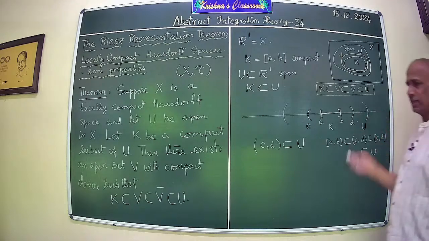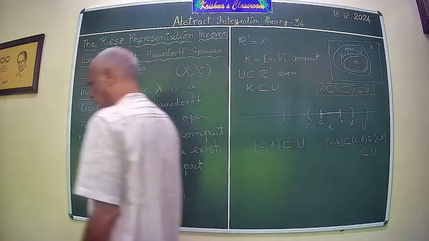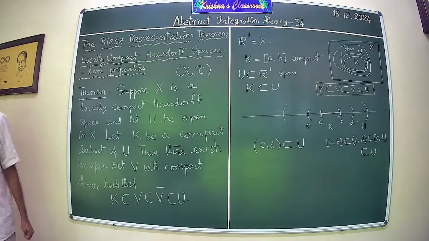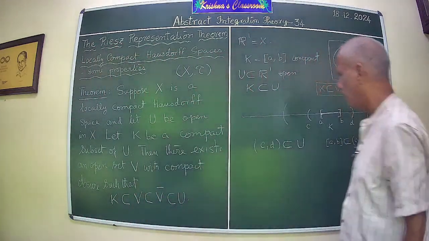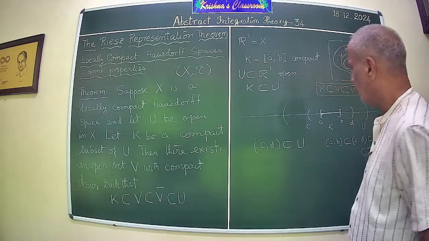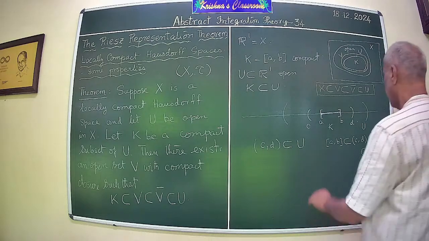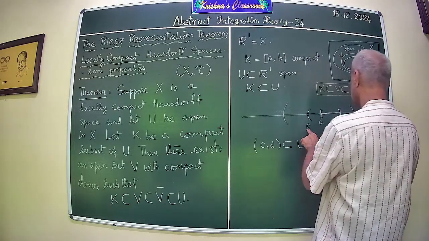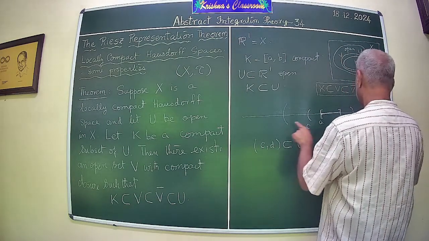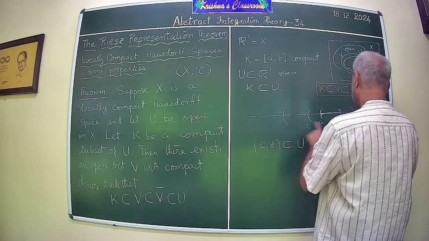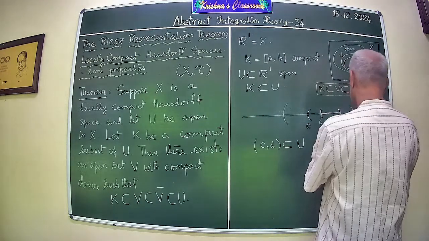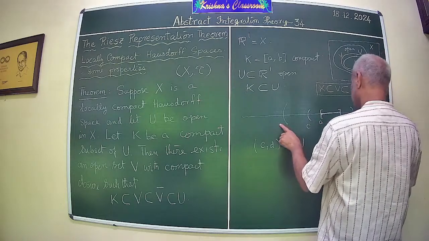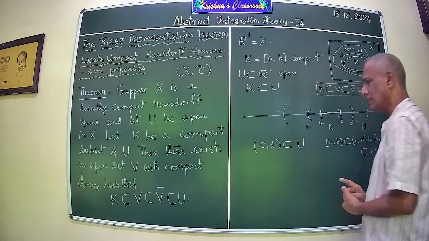So this is a very simple situation that you examine. Now this would be required because there is an open set that squeezes between the given open set and the compact set, such that its closure is again contained in U, then it's a very nice result.